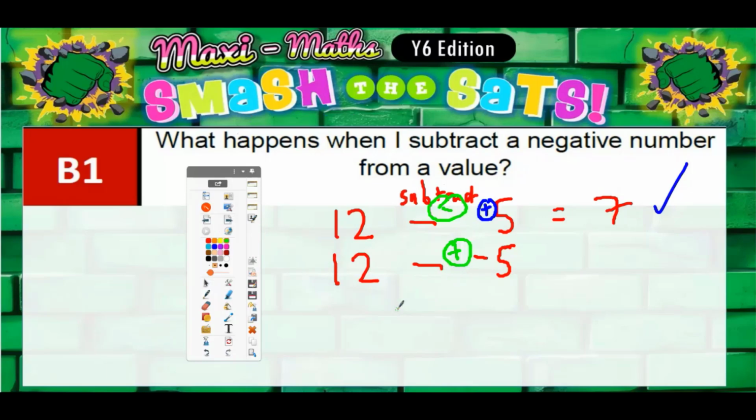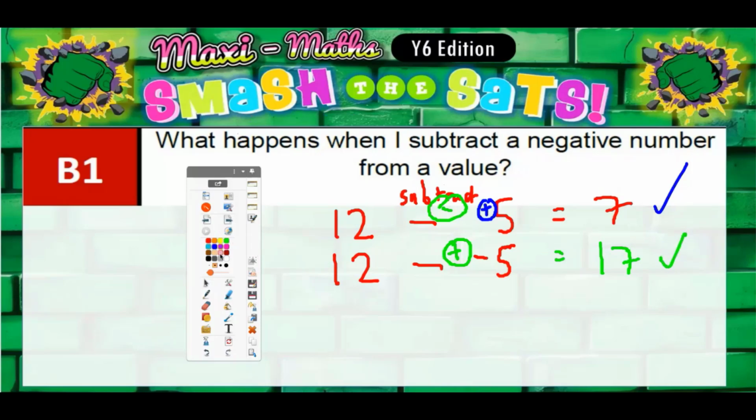So you're actually adding. So it becomes 12 add 5, and that would become 17. So 12 subtract 5 gives you 7, whereas 12 subtract negative 5, the two negatives become a positive, would give you 17.